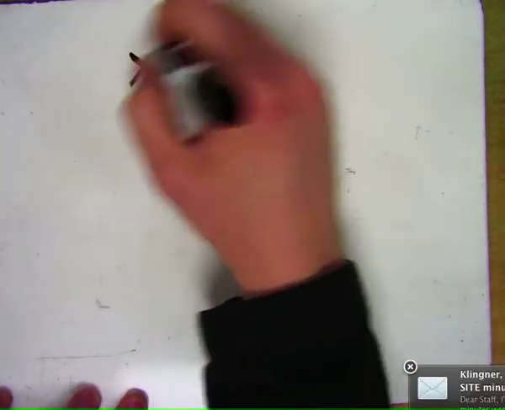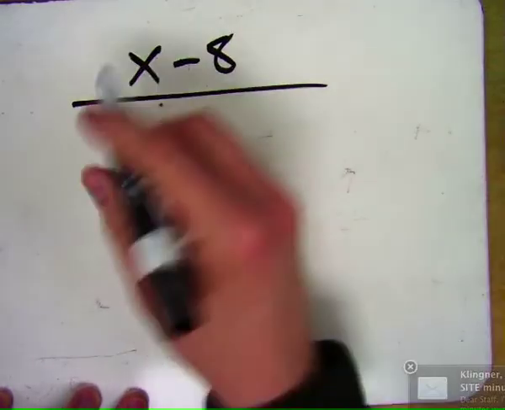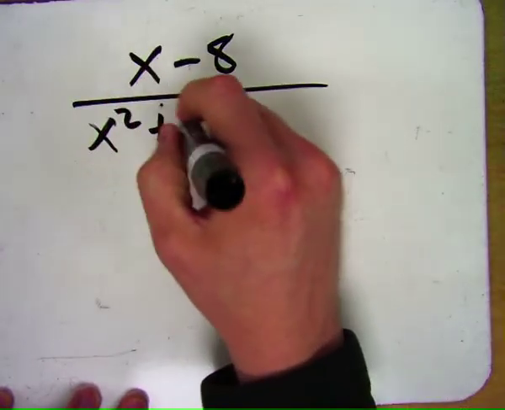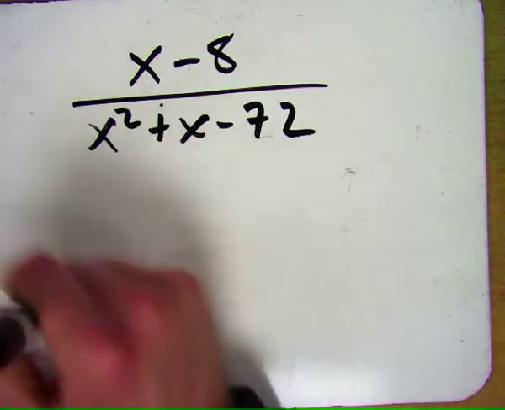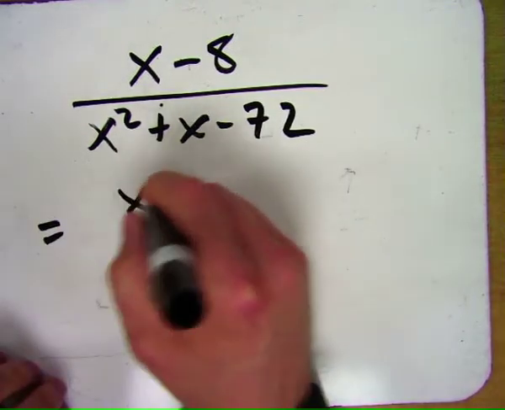There's one other thing that you will see later on. For example, you might see something like x minus 8 over x squared plus x minus 72. That rational expression. I hope you're getting from this that every time you encounter one, you need to factor.